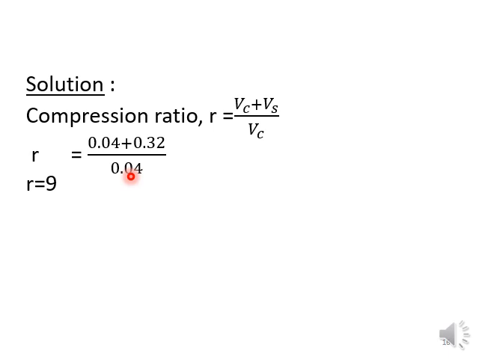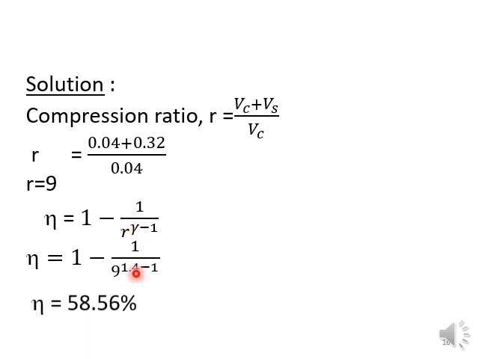After getting the compression ratio, we all know the efficiency of the Otto cycle formula: 1 minus 1 divided by R power gamma minus 1. So 1 minus 1 divided by 9 power 1.4 minus 1. 1.4 minus 1 is nothing but 0.4. We will get the efficiency as 58.56.